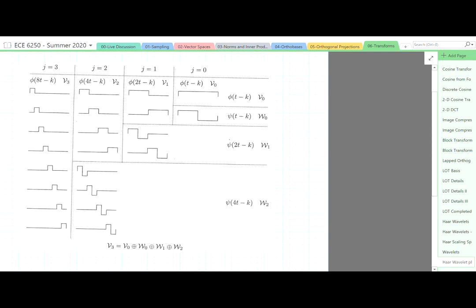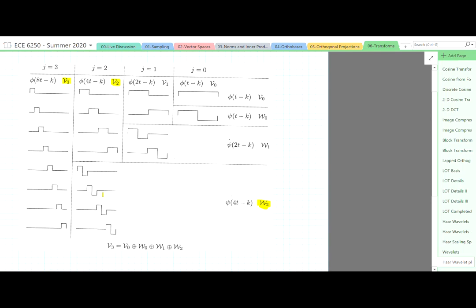So our scaling space V3 is going to produce the finest, at least in this example, representation of a particular function. So V2 is going to produce a function that is coarser, and the difference between the coarse function in V2 and the function in V3 is spanned by this wavelet space W2, which is shown here.